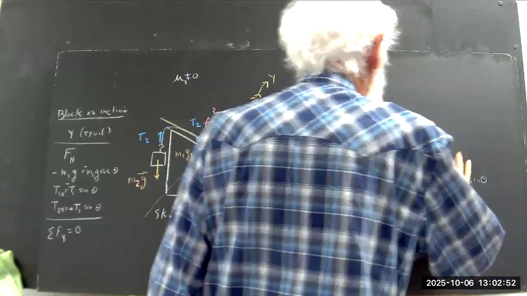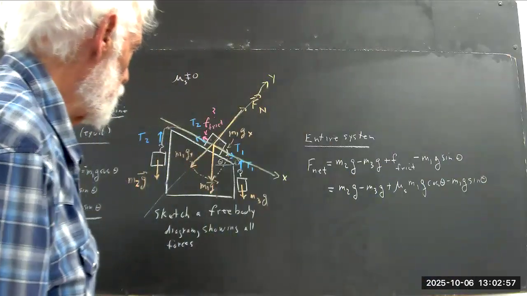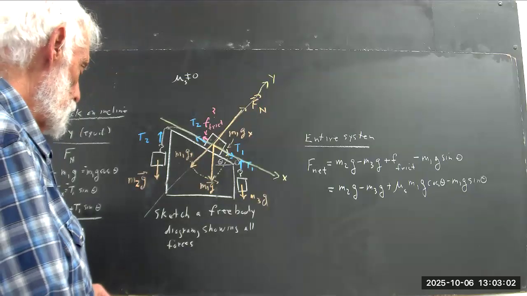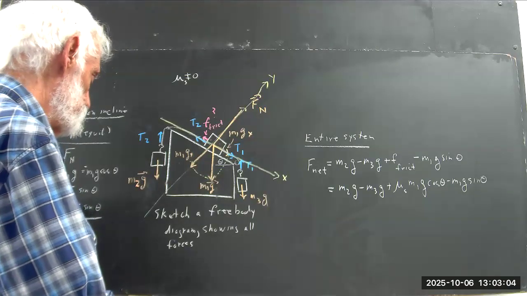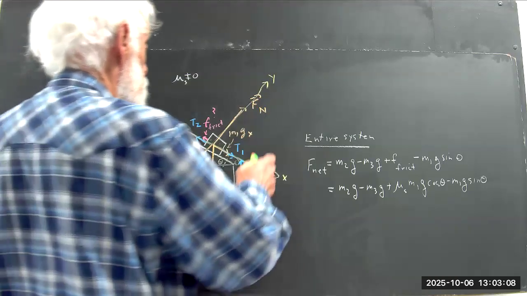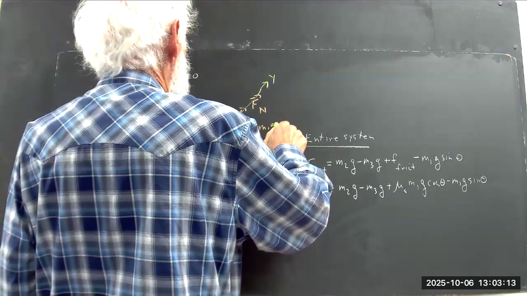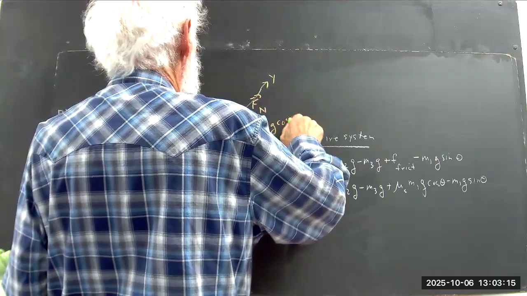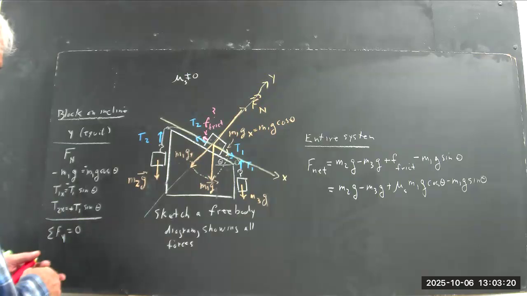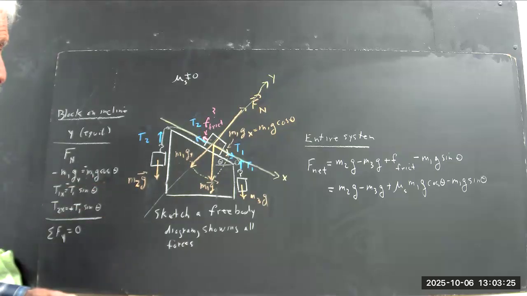And I did it again. I wrote cosine theta here. That's the sine of theta. That's this. So that M1 GX, and your M1 GY is negative M1 G cosine theta.